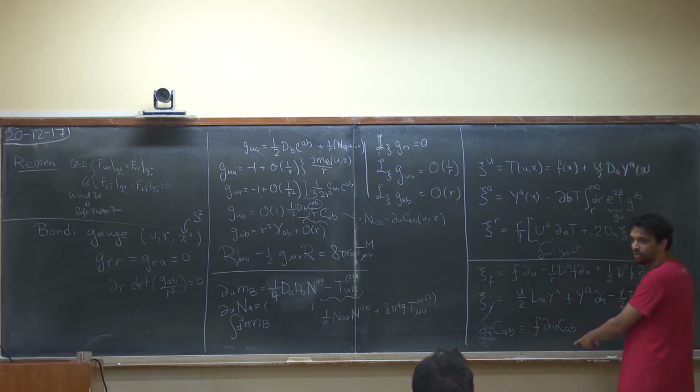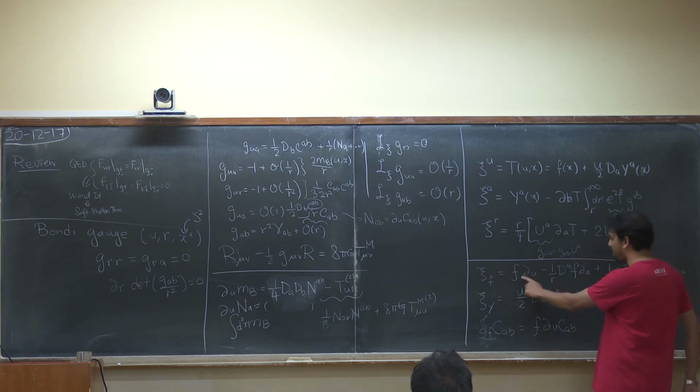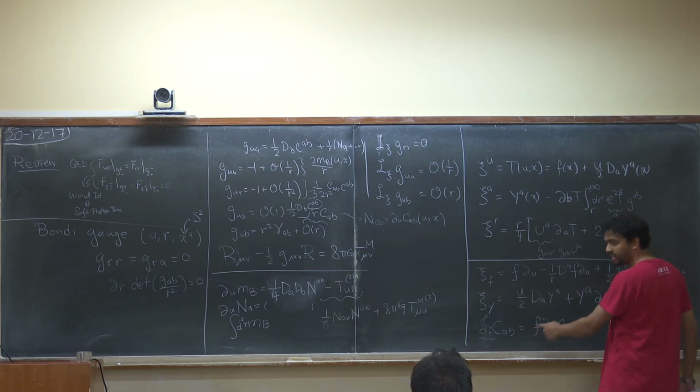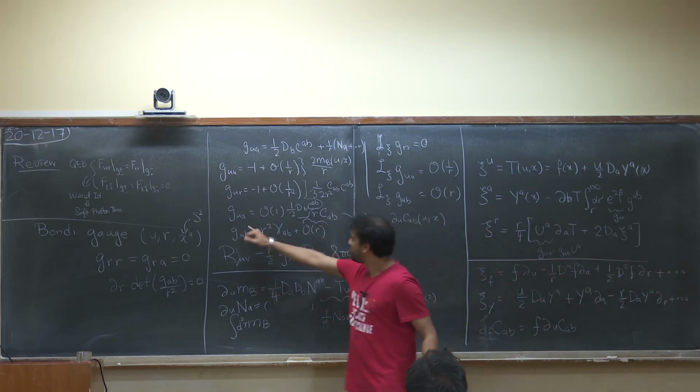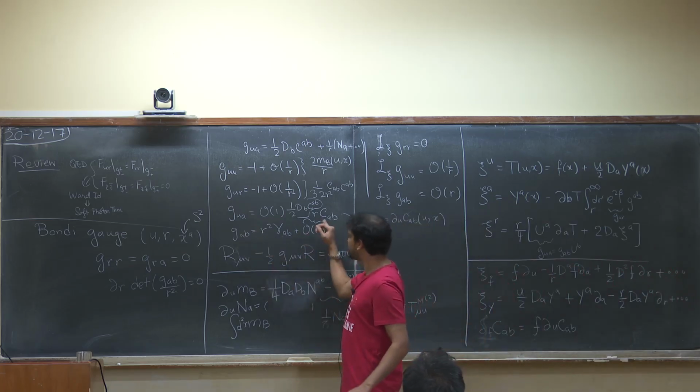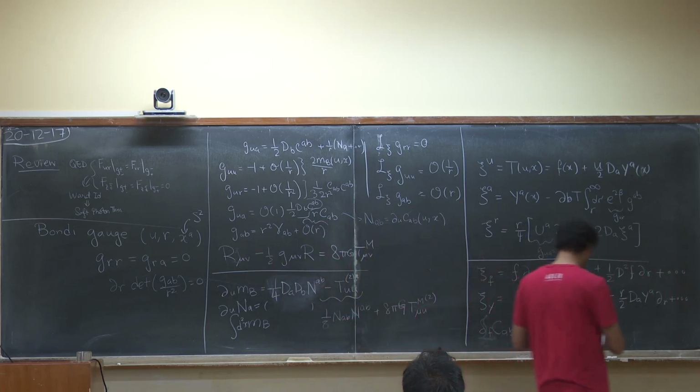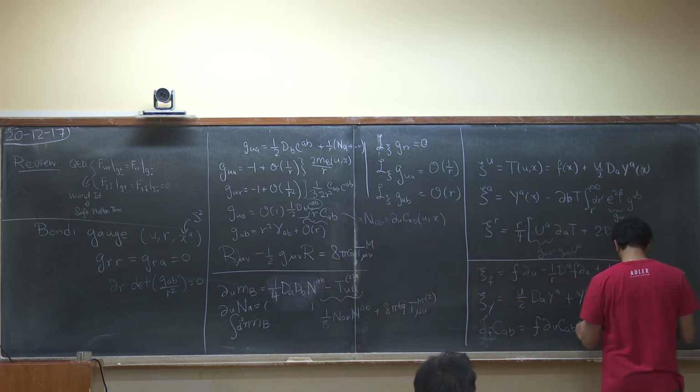This term is exactly what you would expect. This is exactly how C_AB would transform if it was a proper tensor under these diffeomorphisms. But it's not, because G_AB is a tensor, but this is some component of it. So it's not quite a tensor, and there's an inhomogeneous term.